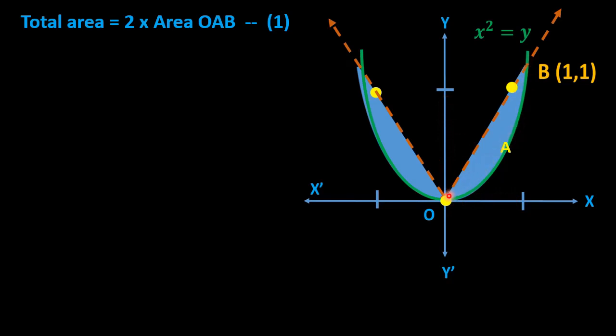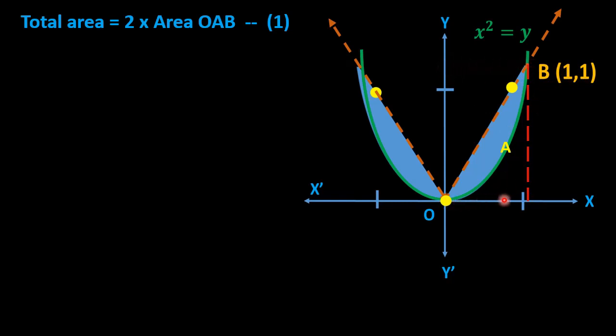So what we have to do here is we drop a perpendicular from this point B 1, 1 here, and the point B is at a distance of 1 unit from the y-axis.